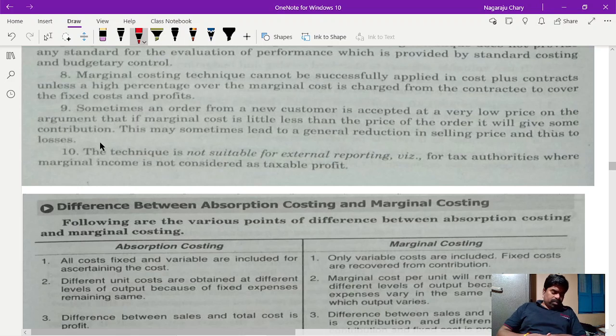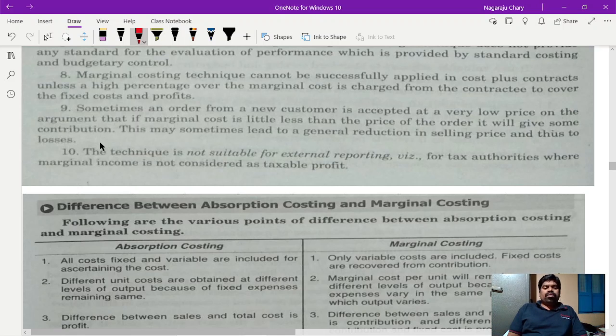A new customer may come to the manufacturing unit, and to attract new customers with a low price, an agreement may be made. Of course, variable cost may not be recovered. So that's why there may be a problem.